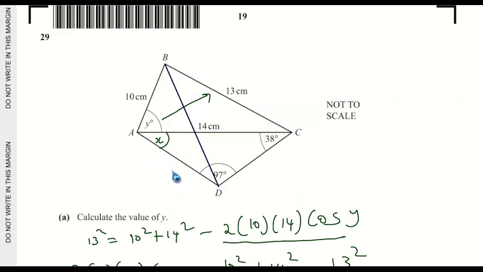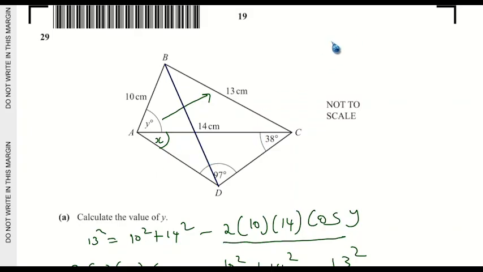Okay, so we can find AD, no, you can find AD from triangle ADC. Yeah, so from this triangle, because this is 90, this is 38. Okay, so let me write here first, so that you can see clearly.